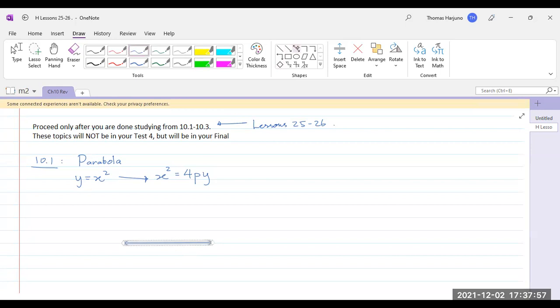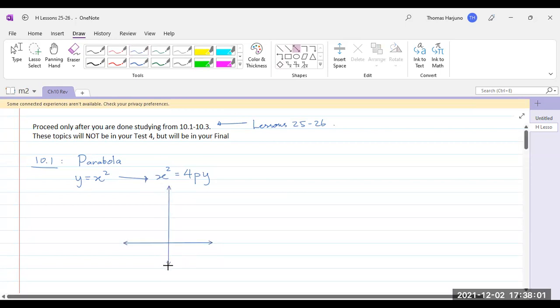I try not to draw it too big, but at the same time, I don't want to lose the detail. So the parabola, let's say, looks like this, with the vertex at the origin.